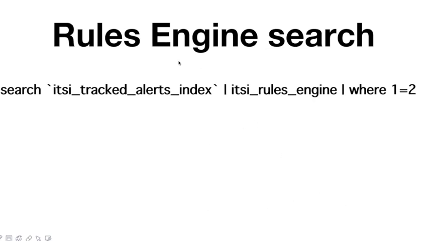The next part is the rules engine search. As I mentioned, the rules engine is nothing but a real-time search. It runs continuously and takes events from the tracked alerts index. These are notable events, where the CPU and memory utilization is high; it's not a simple event, it's a notable event.